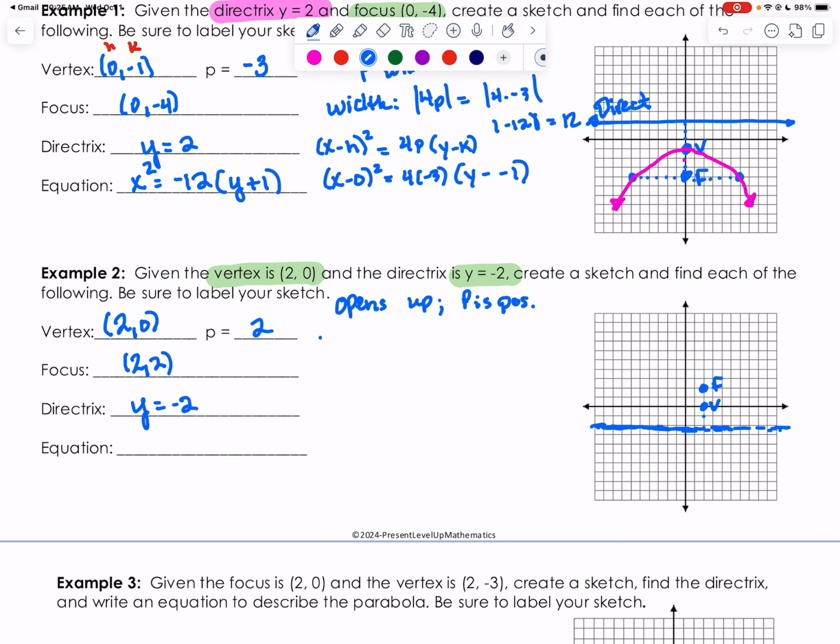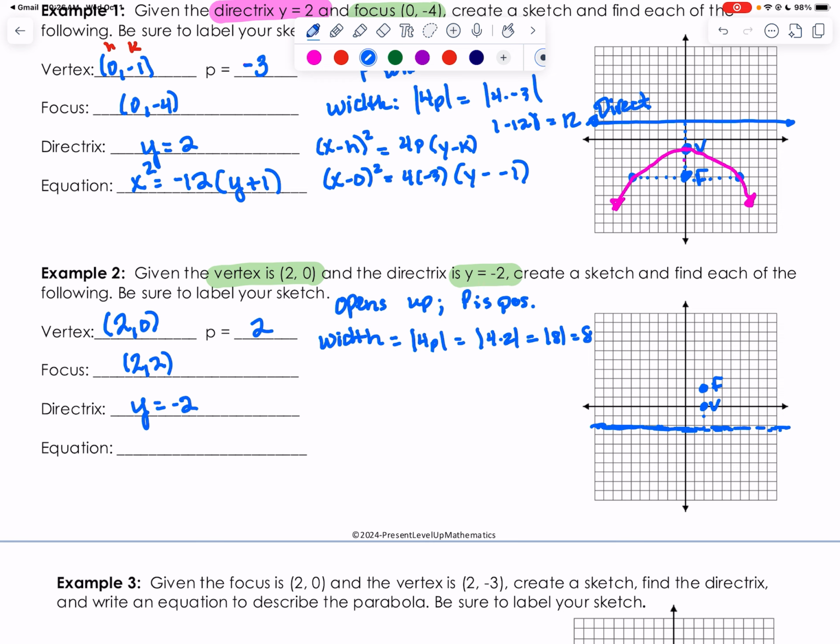All right, now let's get the width of the parabola so we'll know how wide to draw it. And the width is the absolute value of 4p. So that'd be the absolute value of 4 times 2, which would be the absolute value of 8, which is 8. So I want my width to be 8 units.